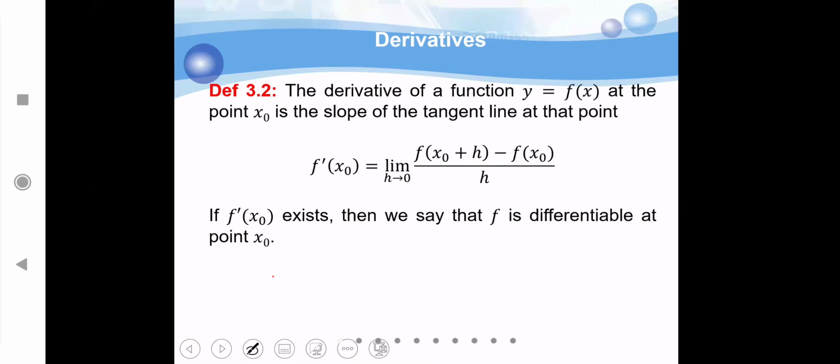If f prime x0 exists, then we say that f is differentiable at x0. Differentiable. Okay. This is the derivative definition at a given point.